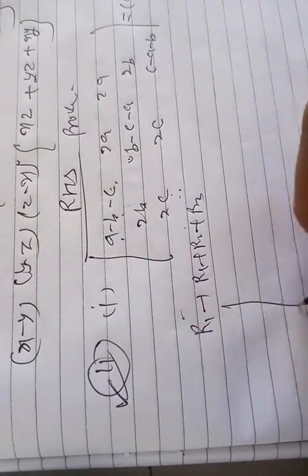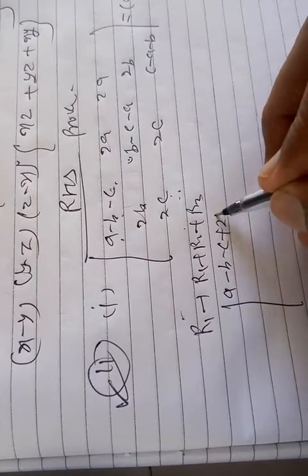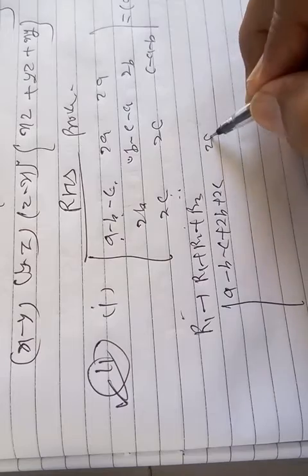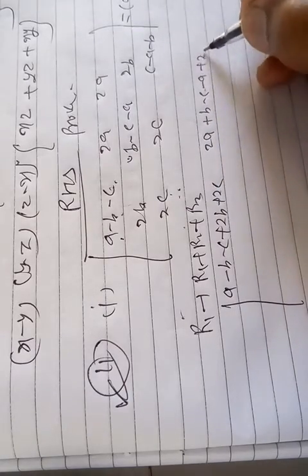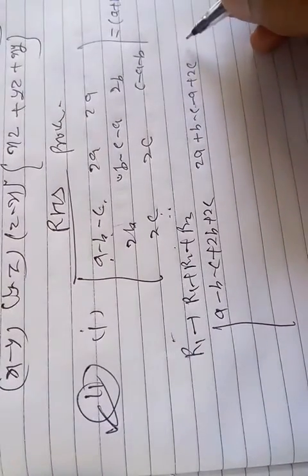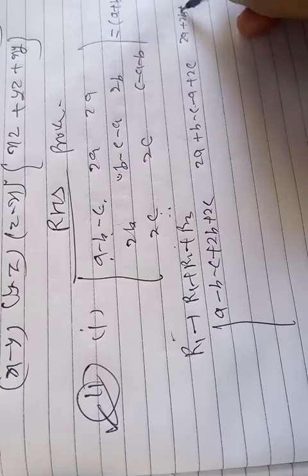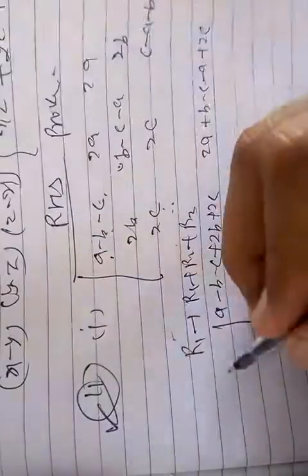So a minus b minus c plus 2b plus 2c. Clear? And the same, 2a plus b minus c minus a plus 2c, and 2a plus 2b plus c minus a minus b. Taking LHS.